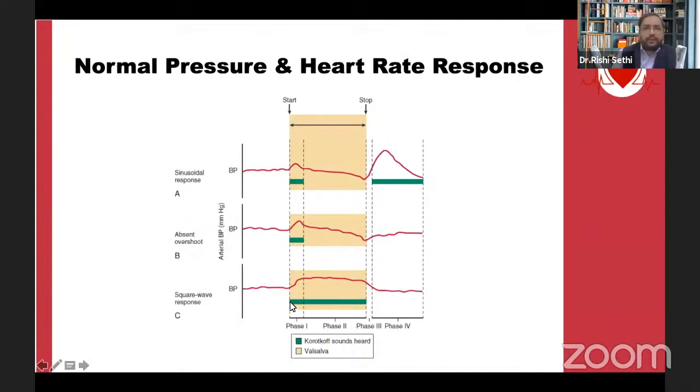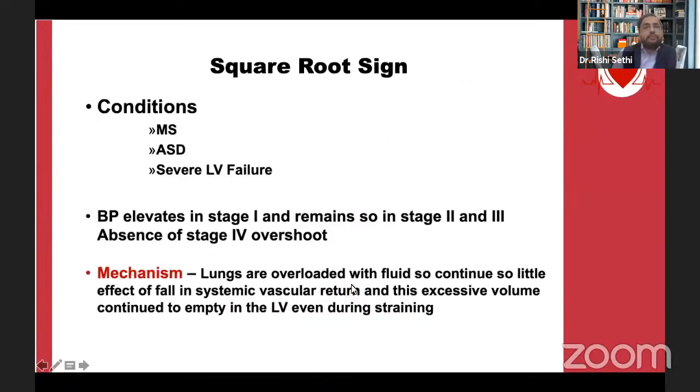The thing that many examiners ask you about is the square wave response, where the blood pressure rises in phase 1 but fails to fall in phase 2 and phase 3. The square root sign, the square root response, is a finding of mitral stenosis, ASDs, and severe left ventricular failure, in which the BP elevates in stage 1 but remains so in stages 2 and 3, and there is an absence of overshoot.